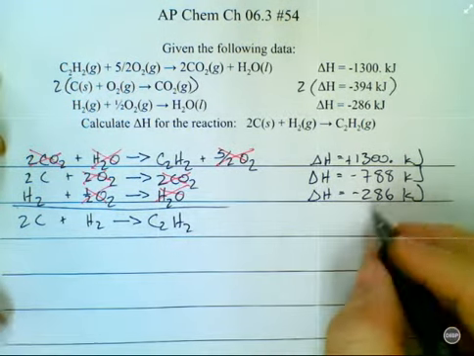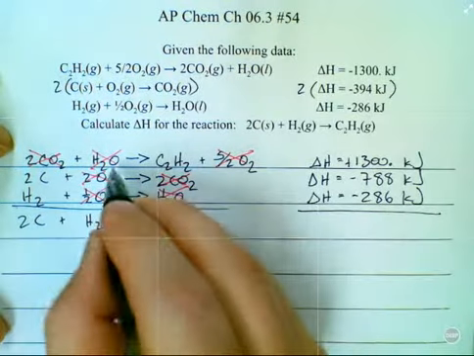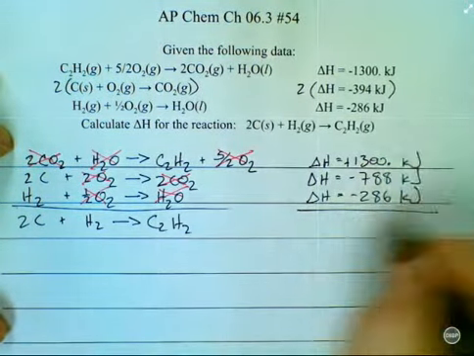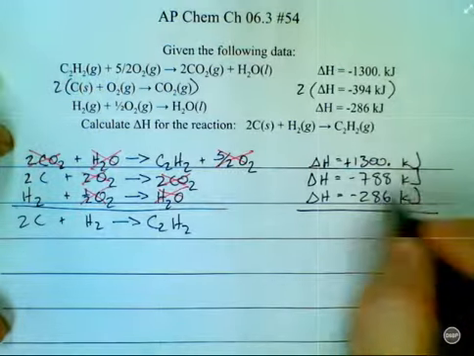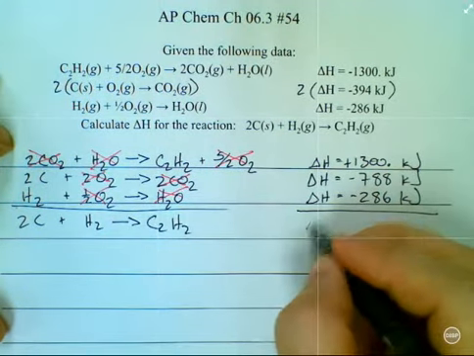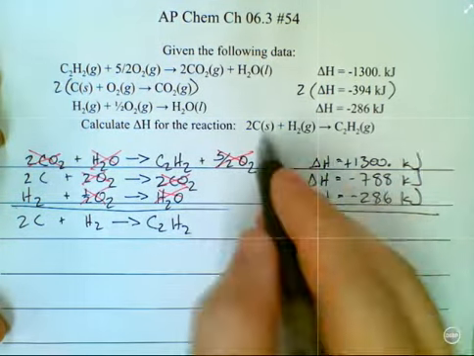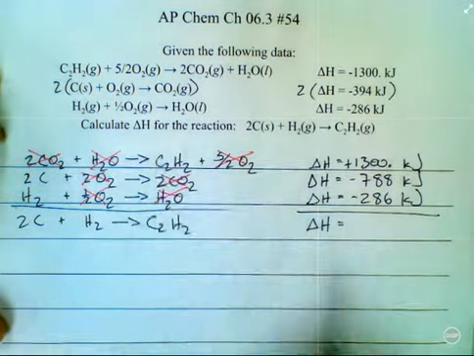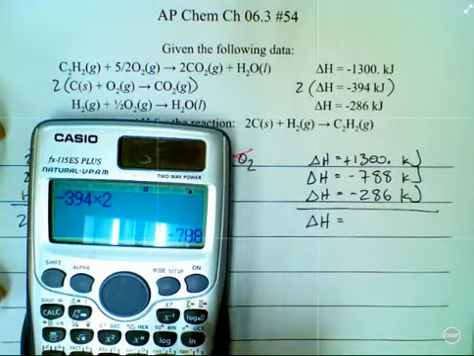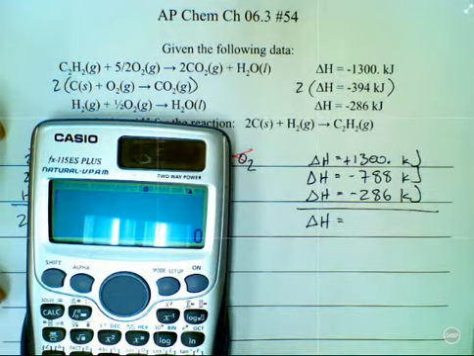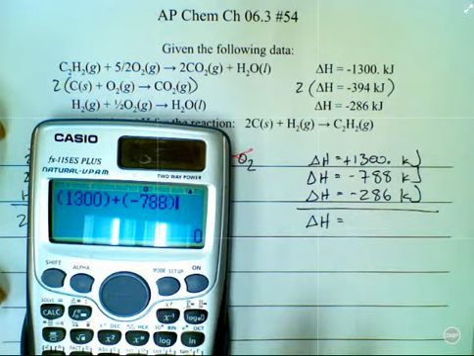C2H2. And what that means is the way I've set these up and manipulated these equations, and thereby manipulated these delta H values, I can simply sum these values and have the delta H for this overall reaction, which is what the question is asking for. So, final step. I'll go positive 1300 plus negative 788 plus a negative 286.